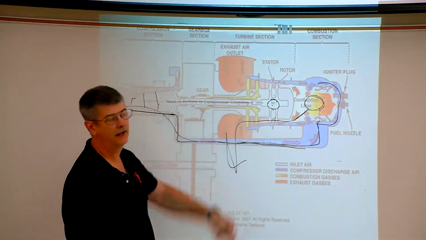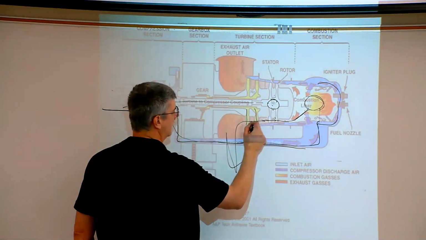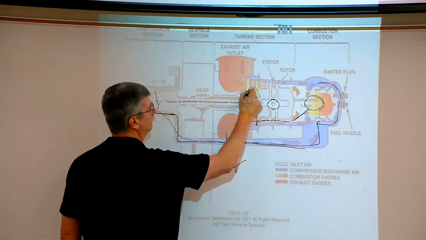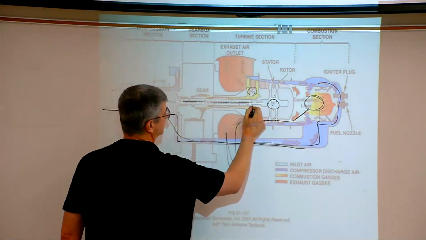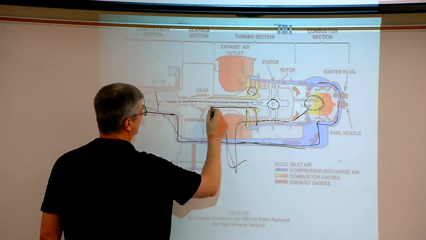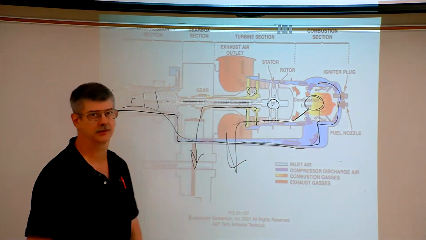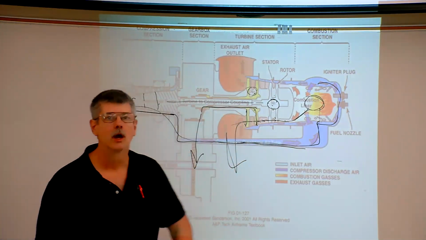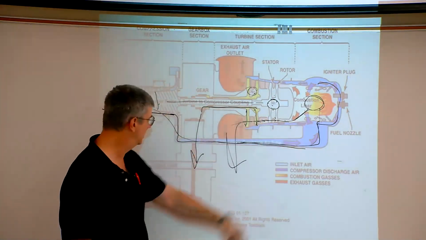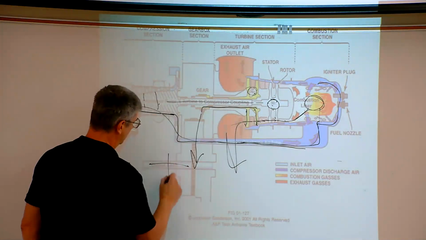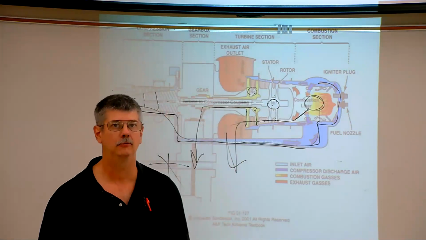We then have a second set of turbine blades. So the hot exhaust gases now turn, in this case N2, I don't want to get into that, but through these sets. But now this set is going to a gear drive and is not connected to the rest of the engine. What this means is that we can start the engine, and we can actually stop this from turning with what's known as a main rotor brake.